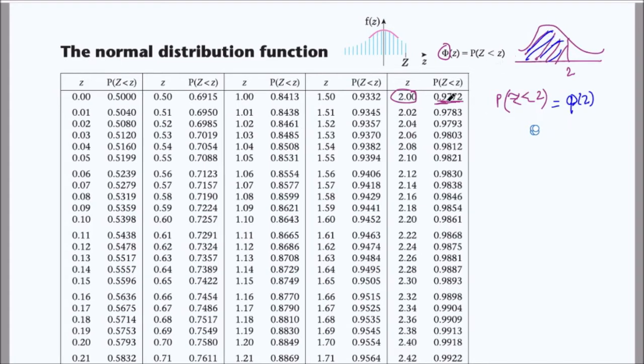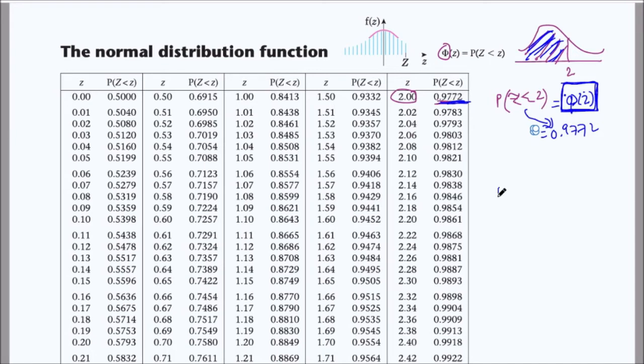So this is 0.9772. You can directly write the answer, but then again, for some statement purpose, if you use phi of 2, in that case it will be easier to use the formula. Okay, so instead of directly picking the value from the table, I will mention it as phi of 2. Phi of 2 means area less than 2, basically probability less than 2.